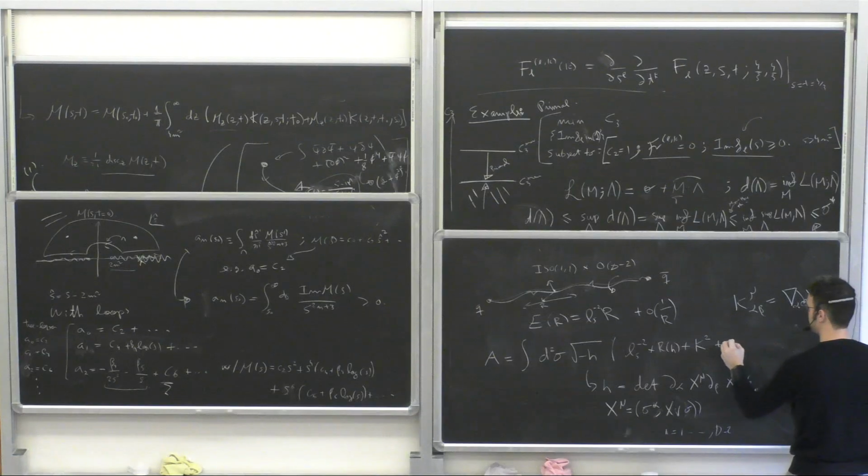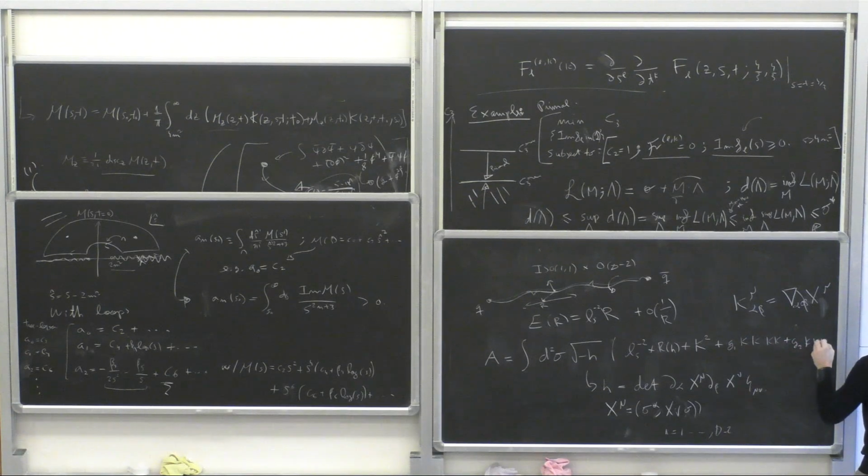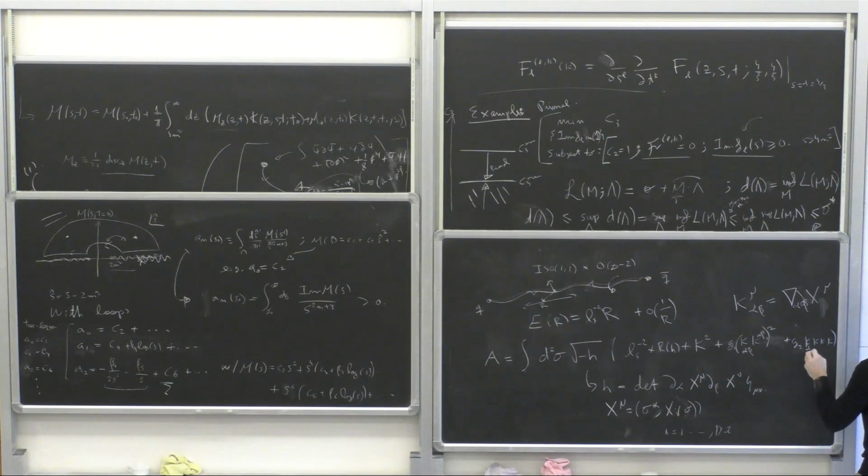And now we have plus, say, G1 K4, plus G2 K. And there are various contractions that we can do, mu nu or alpha beta, let's say squared, or some other contraction, beta, gamma, sigma alpha, some other contraction. They are 2 independent operators. Plus dots.